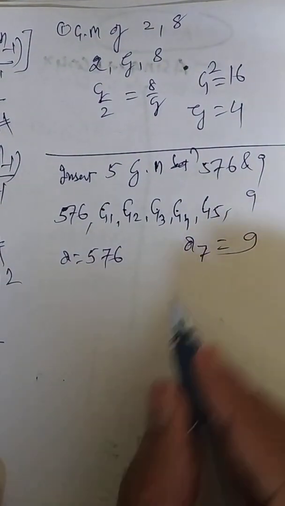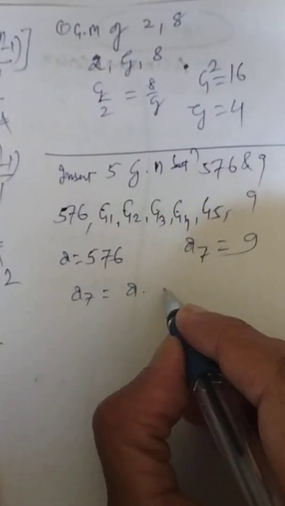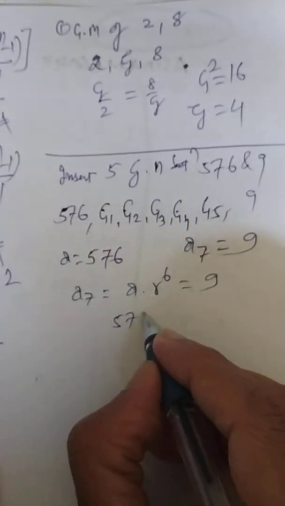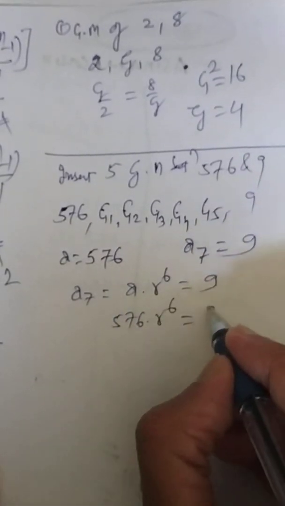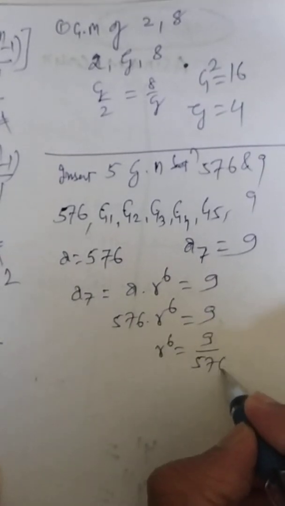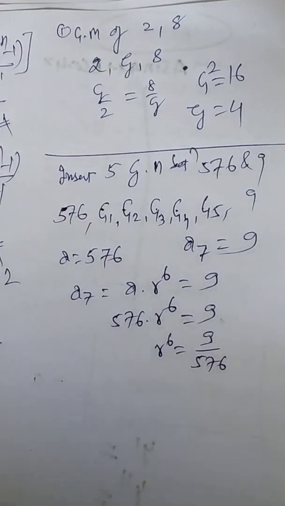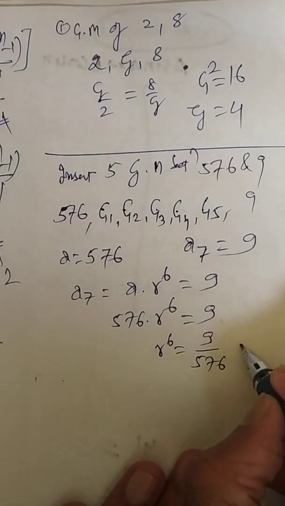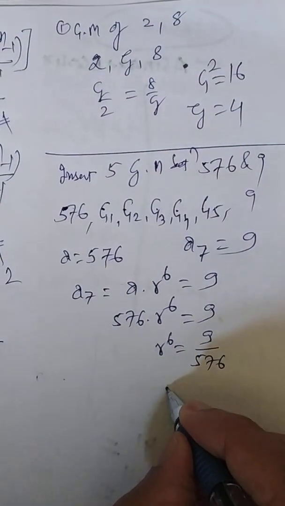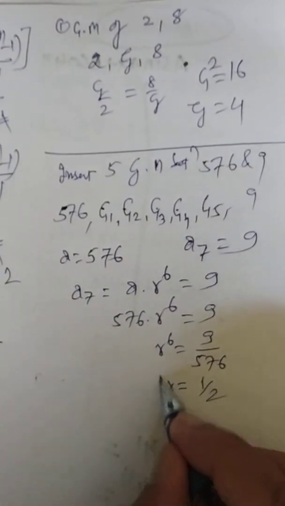Now can you connect? A7 can be written as A into r raised to power 6 will be equal to 9. A is nothing but 576. R raised to power 6 is nothing but 9 by 576. Try to simplify and get the value of R.